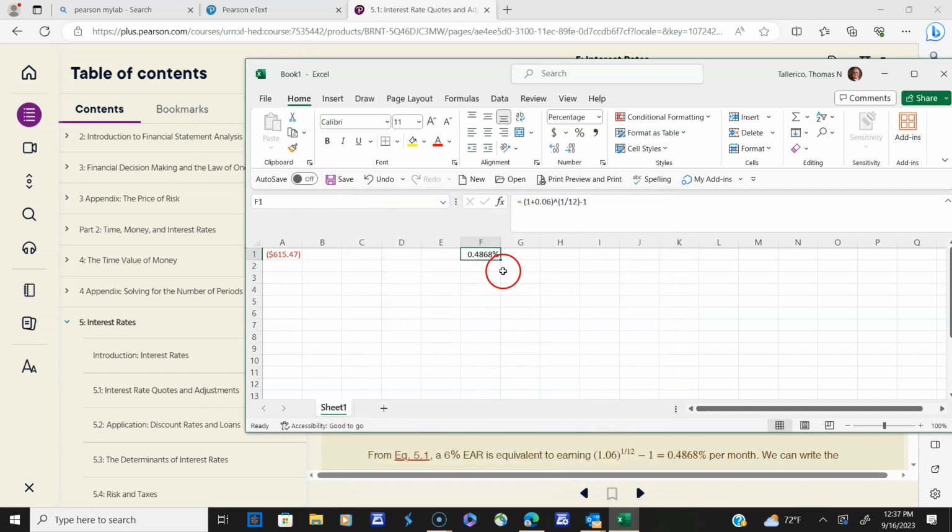So 0.4868. I could have actually taken that number, which is here, and just dumped that into this equation if I wanted to, right? So here, let me open this up. See how this is cell F1? Let's see if this works.